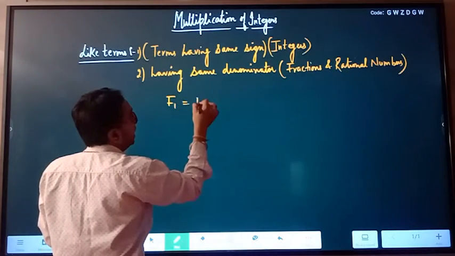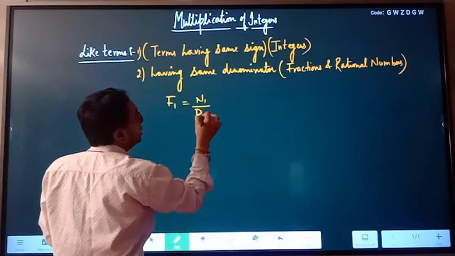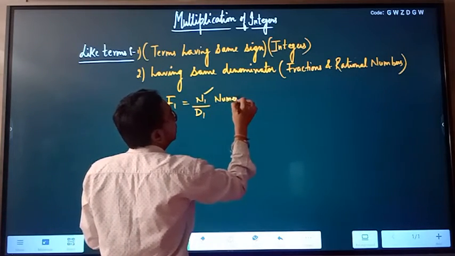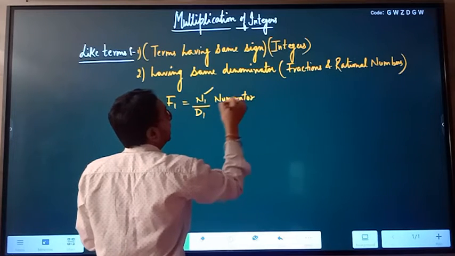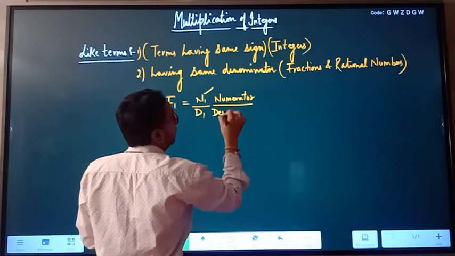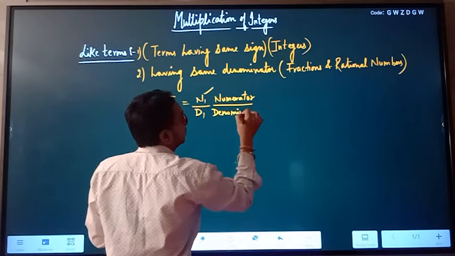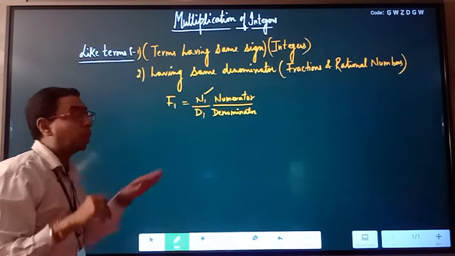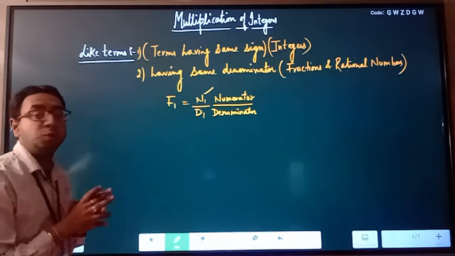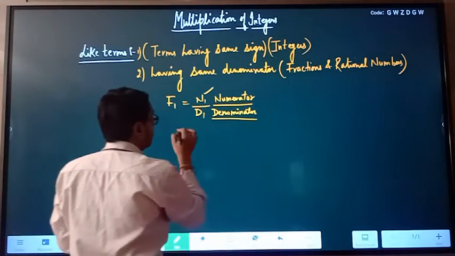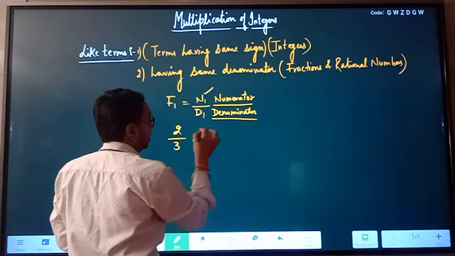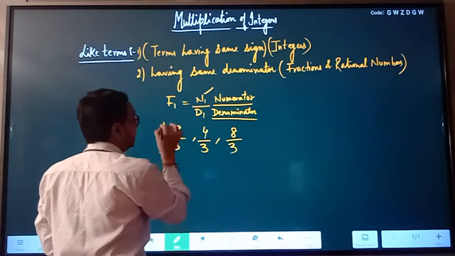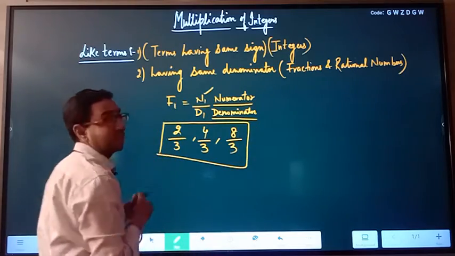F1, for example, n1 upon d1, where n1 stands for numerator and d1 stands for denominator. How will you remember? D for down, that's for denominator, the rest is numerator. So if they have the same denominator, for example 2 by 3, 4 by 3, 8 by 3, they are like terms because their denominator is the same.